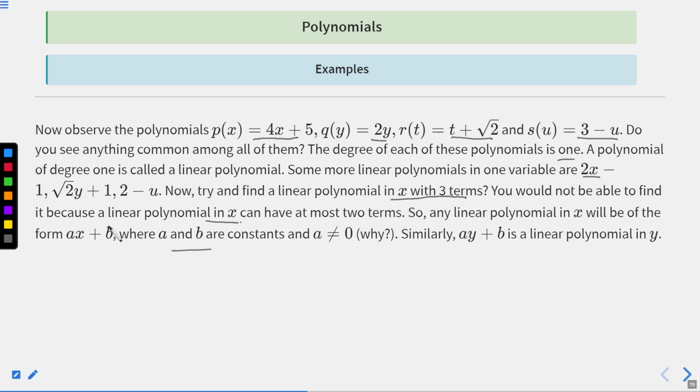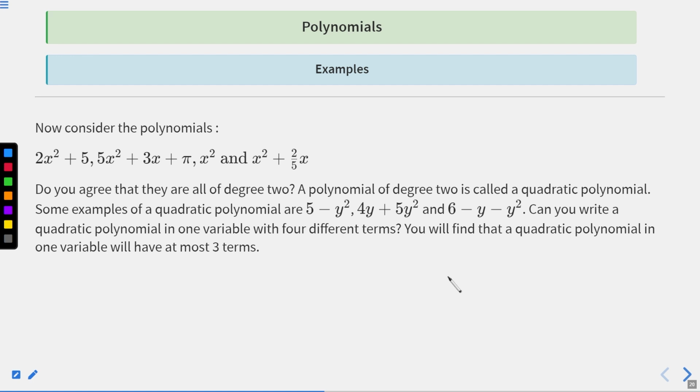So the general form of a linear polynomial is ax plus b, where a and b are constants and a does not equal 0. And similarly, ay plus b is also a linear polynomial in variable y.